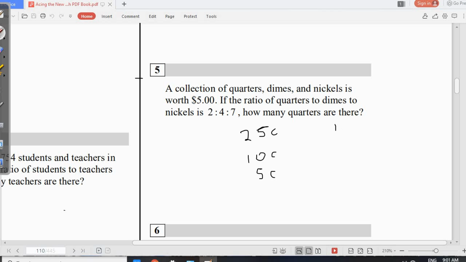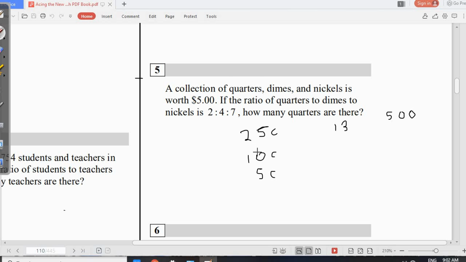So we have 13 altogether. Now this $5 is 500 cents. But what is this 13 actually? It also has to follow the 25, 10, 5, because the coins are not equal in value.